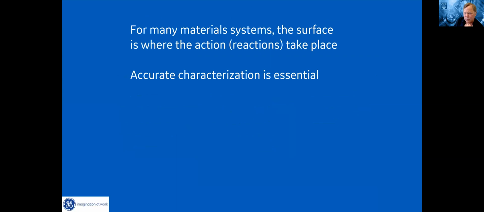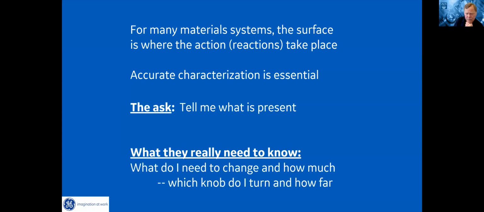Okay, so now we'll jump into the scientific part of the presentation. So for many material systems, it's really the surface where the action or reactions take place. Accurate characterization is essential. Oftentimes when people walk in with a sample, the question is, tell me what is present.